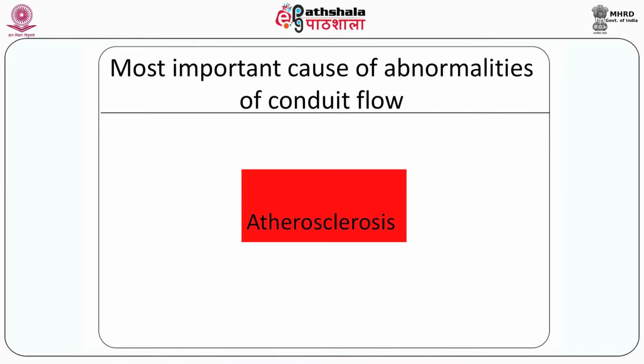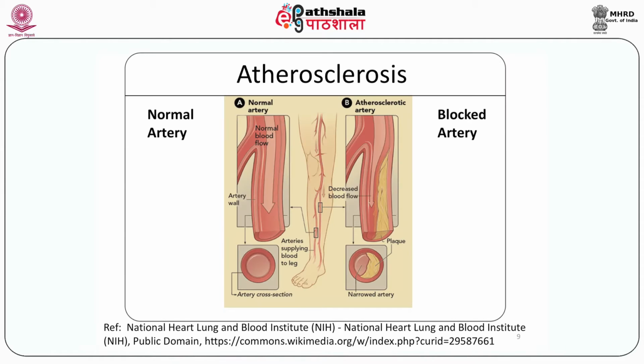I am sure that you know the most important cause of abnormality of blood flow is atherosclerosis. Atherosclerosis blocks the artery and blood flow to the area supplied is reduced, and so is the functionality.